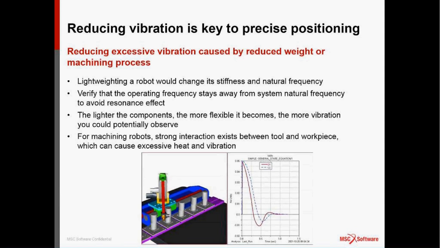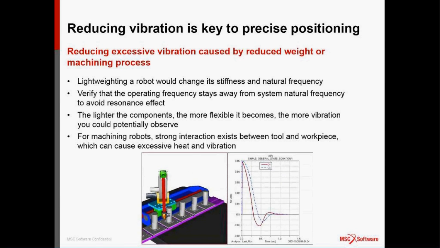cause some excessive vibration. Another source of vibration can be generated if you are using your robot to do some kind of machining work. In metal forming or laser cutting, for those kinds of products, very strong interaction exists between the tool and the workpiece.